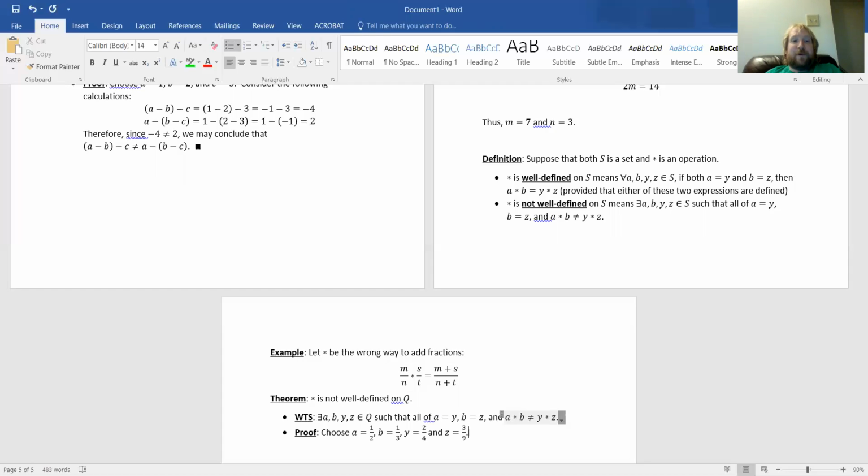Now, we had an exists quantifier, so we chose them.